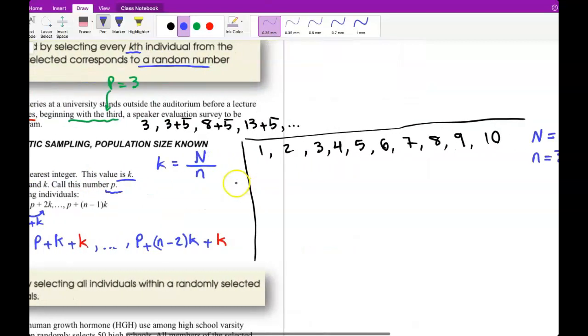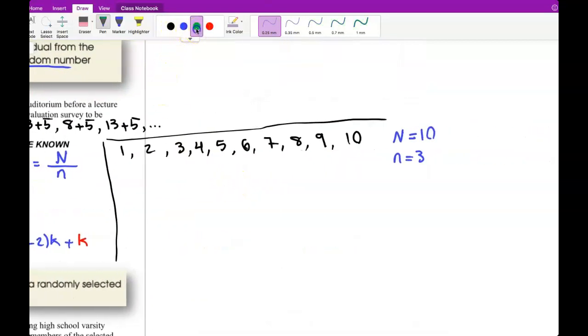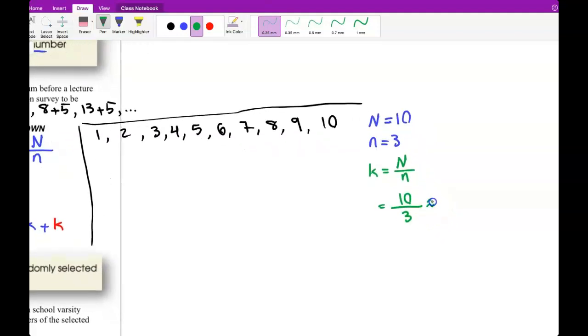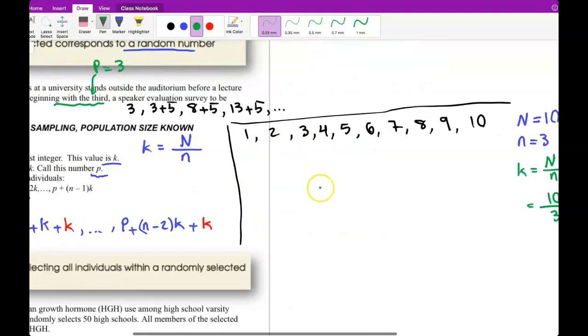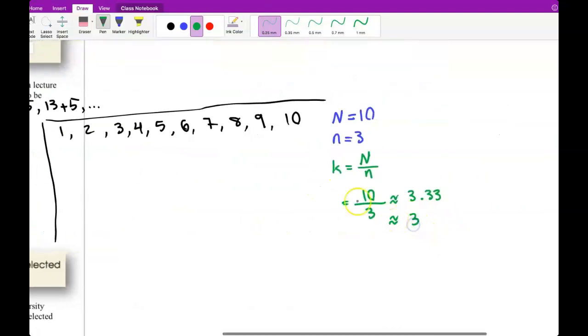That is K. The K is population size divided by sample size, 10 divided by 3. It's 3.33. Round down to the nearest integer. So that is 3.